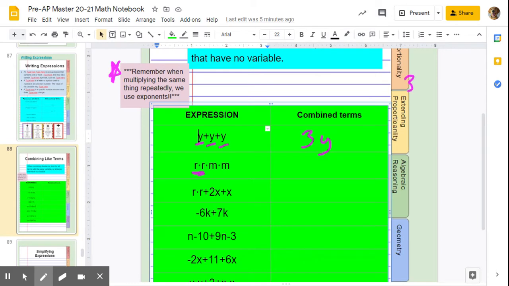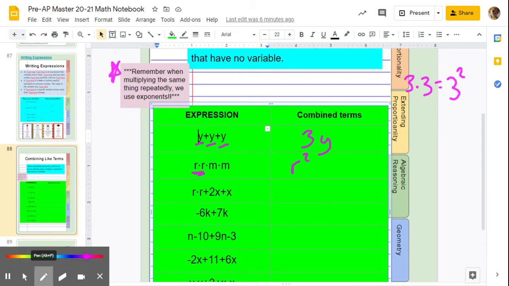If we had 3 times 3, we could simplify this and write it as 3 to the power of 2, because we have two number 3's being multiplied together. Well, here we have r being multiplied twice, so it's r to the power of 2. And then we're going to multiply it. The other variable that we have in here is m. So we're going to multiply it times m to the power of 2. Okay.